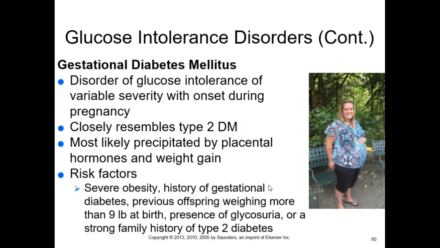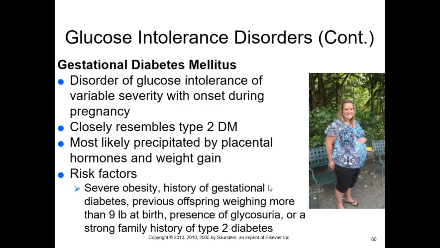Okay, gestational diabetes. If somebody was maybe pre-diabetic or prone to diabetes before their pregnancy, with all of the crazy hormonal and blood pressure and even weight changes that happen during pregnancy, it can be enough to tip somebody over into gestational diabetes. And often that's reversible when pregnancy is over. Not 100%, but it can be reversible after pregnancy. So severe obesity, history of gestational diabetes.